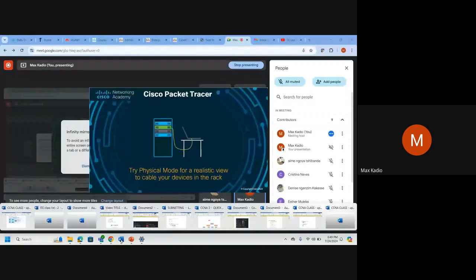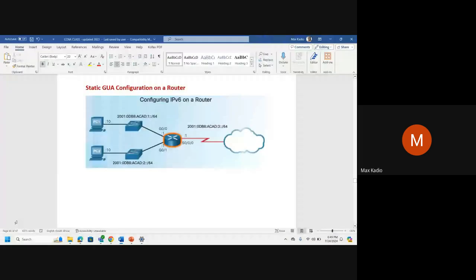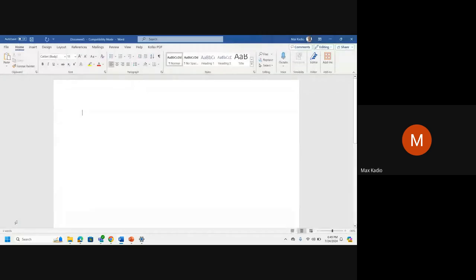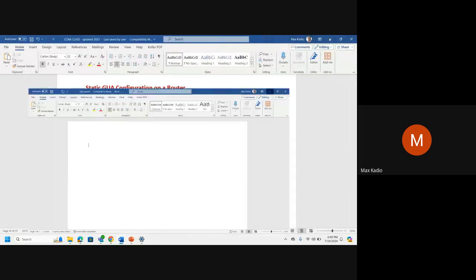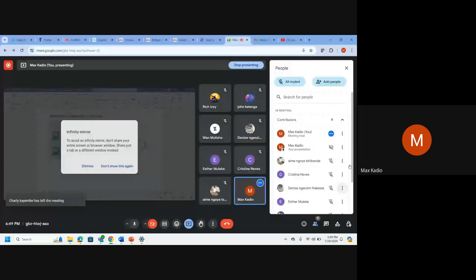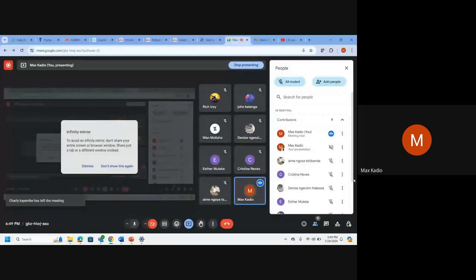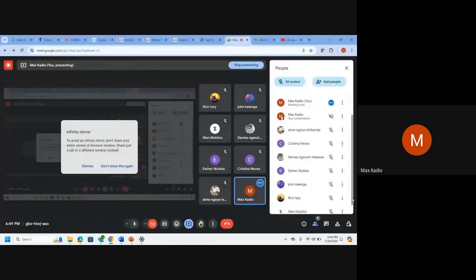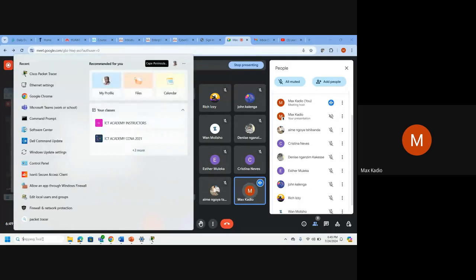Okay, in the meantime, while it's busy loading, I'm going to take the register for Scalabrini. So how many are we here? Okay, snipping tool.